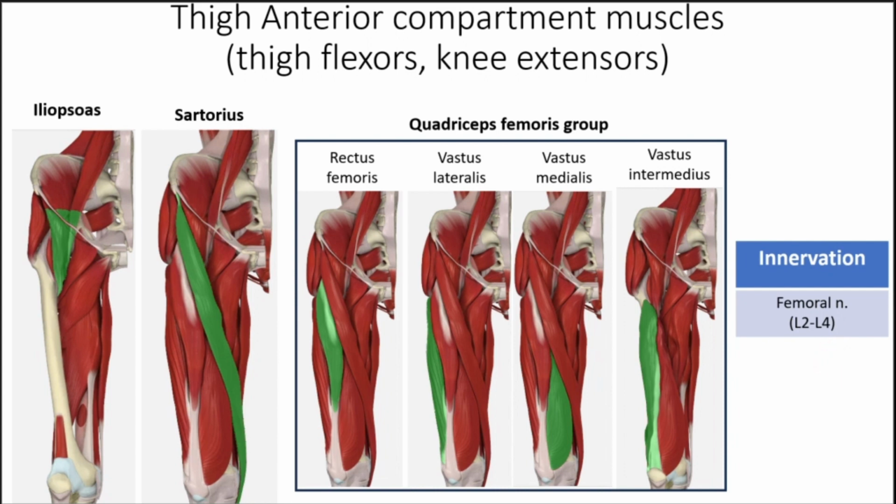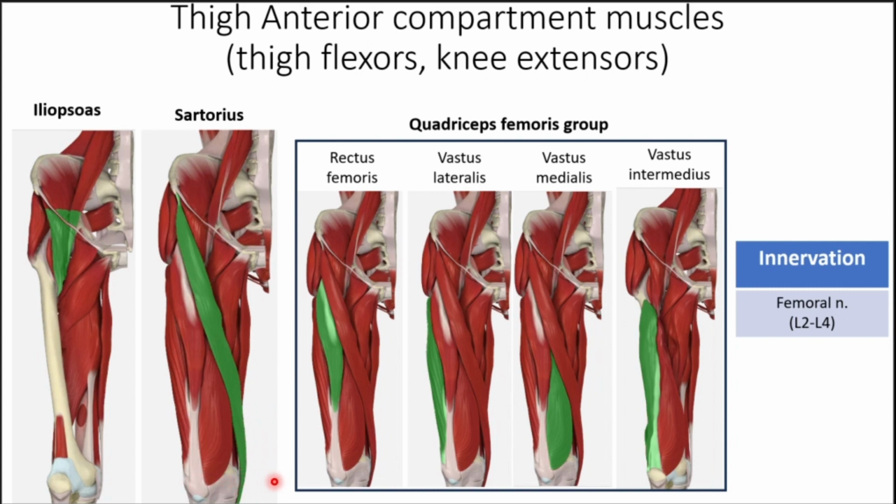The muscles include the iliopsoas, arising from the psoas major and the iliacus, and inserting onto the lesser trochanter of the femur. The sartorius muscle, which moves inferior and medially to insert onto the pes anserinus over the tibial tuberosity.